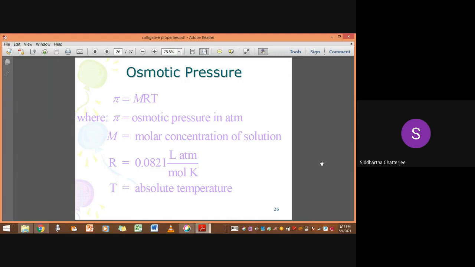In this case, I would also like to mention that for very dilute solution, the molality is the same as molarity. So for very dilute solution, you will always see that molality and molarity are nearly the same. Otherwise, molality means number of moles of solute per kg of the solvent, whereas molarity means number of moles of solute per 1 liter of the solution.